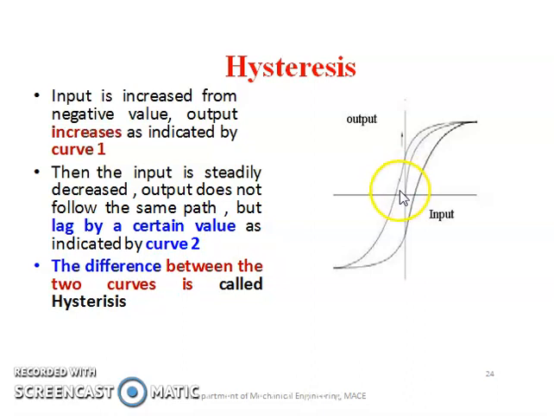So the difference between the two curves, that is, one curve is this, when input is increased, and the second curve is this, when the input is decreased, is called hysteresis.